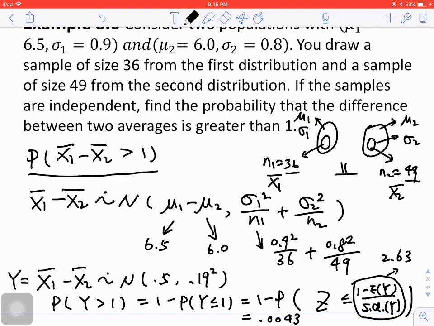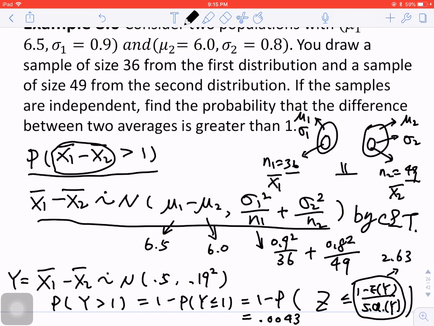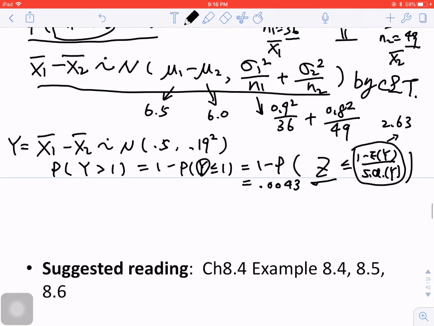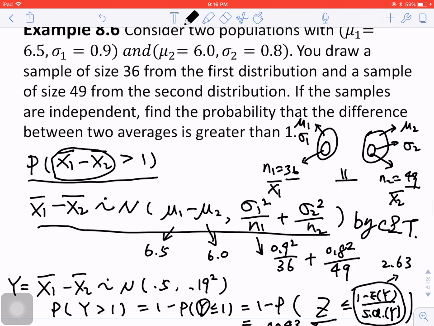In this case, your random variable follows this distribution by the CLT. Then, because it's normal, you can transform this y to z and use the z table to find your final conclusion. So I'm going to stop here.